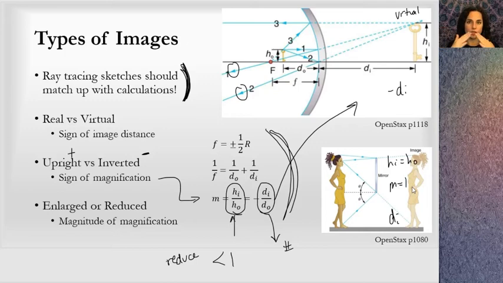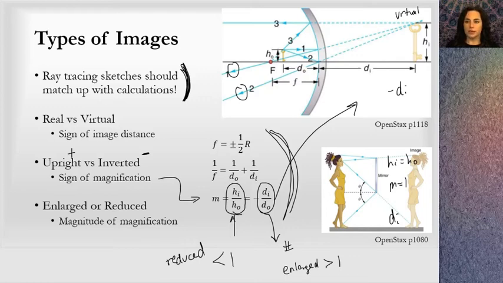You get the same height of the image as the object. If it's reduced, that fraction will be less than 1, and if it's enlarged, it will be greater than 1. And when you draw your diagrams, you can also look in your diagram to see what your image looks like compared to your math.